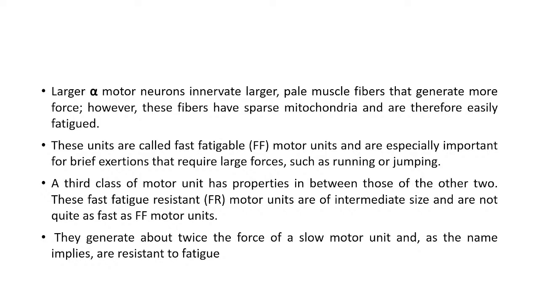You have to sprint, you have to run, you have to jump. You will recruit now the F or faster type of motor units. They are again classified into two types: fast fatigable and fast fatigue resistant, FF and FR. So what is fast fatigable?